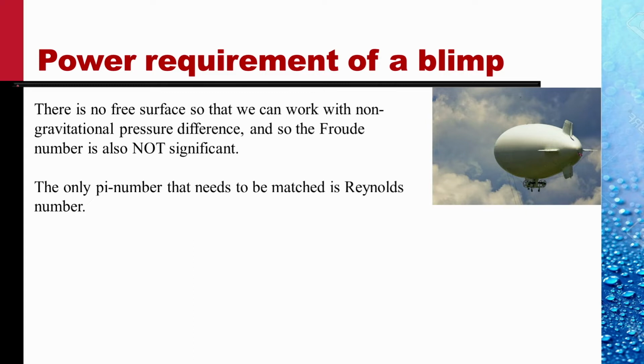There is no free surface, so that we can work with non-gravitational pressure difference, and so the Froude number is also not significant. The only pi number that needs to be matched is Reynolds number.